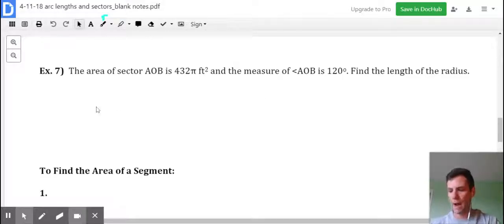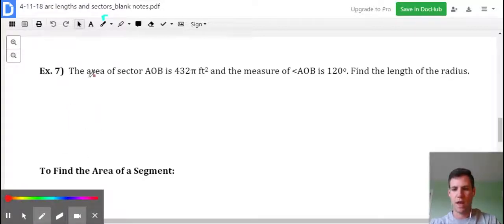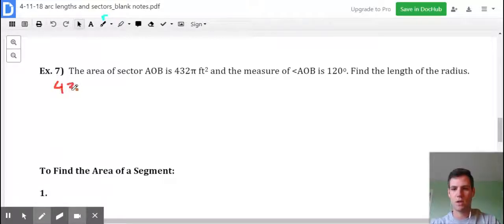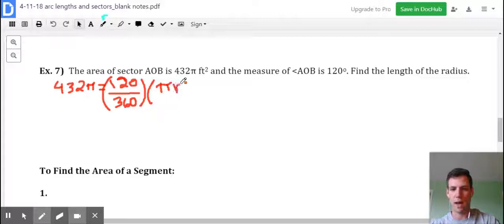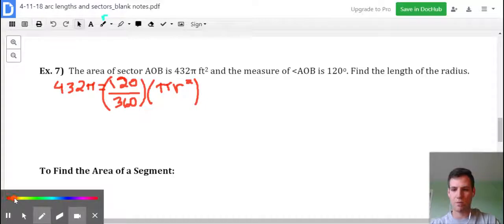So we have to work backwards in this problem, so that means we want to set up our equation first as 432 pi is equal to our sector area formula of 120 degrees being divided by 360 degrees in parentheses, and then being multiplied by our area formula of pi and our unknown radius squared.